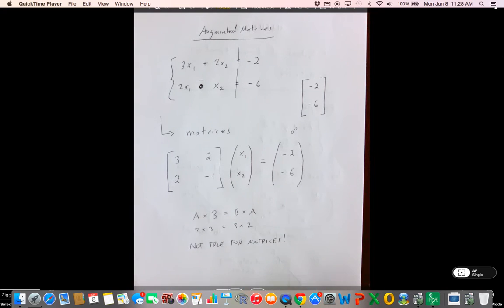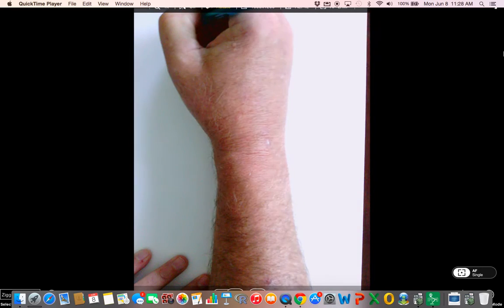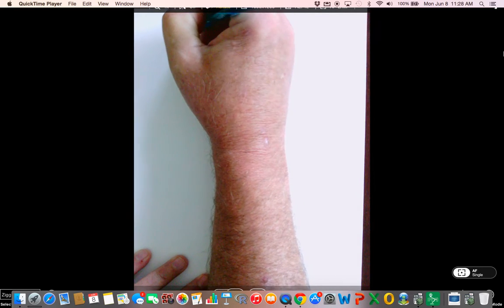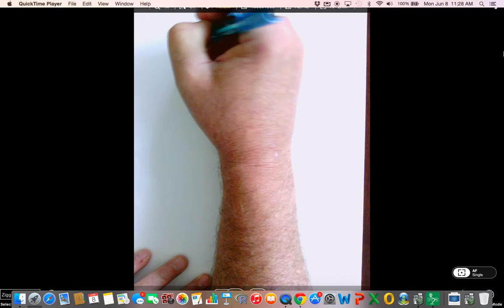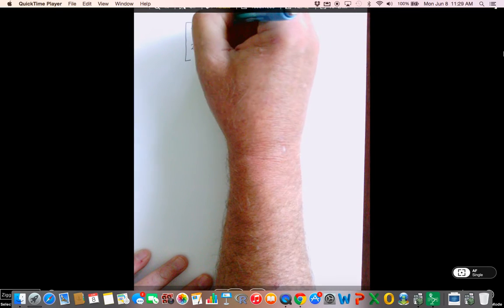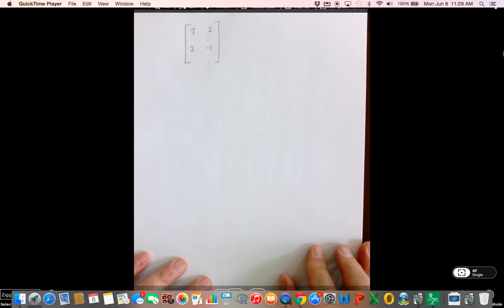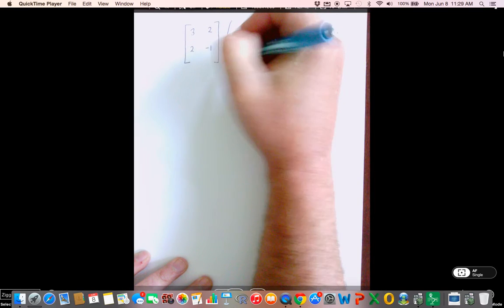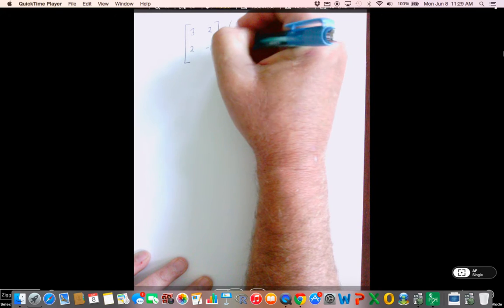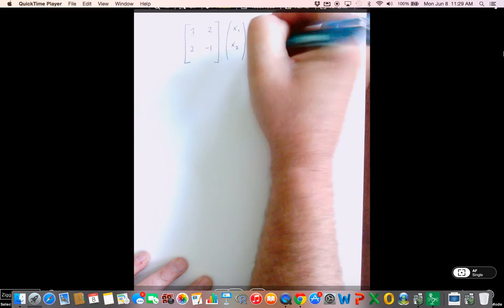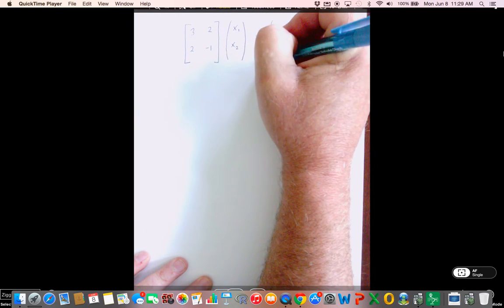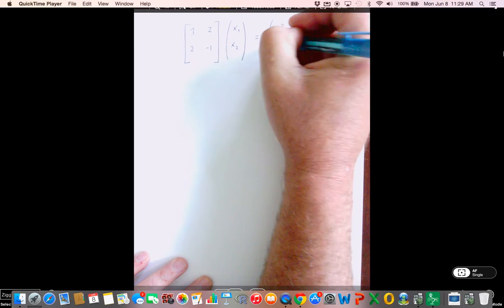So the side that we multiply on becomes an issue. I want to illustrate something to you here. If we take this 3, 2, 2, -1 times x1, x2, and then over here we've got our right-hand side as -2, -6.